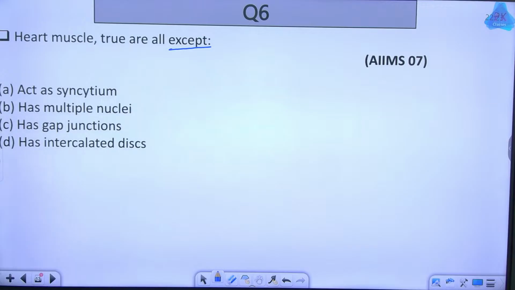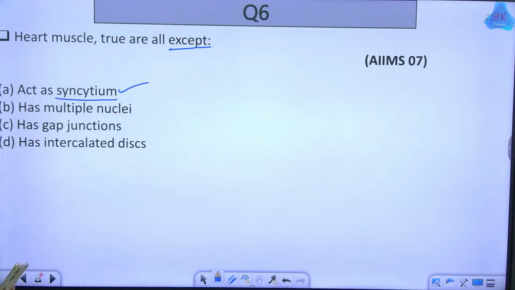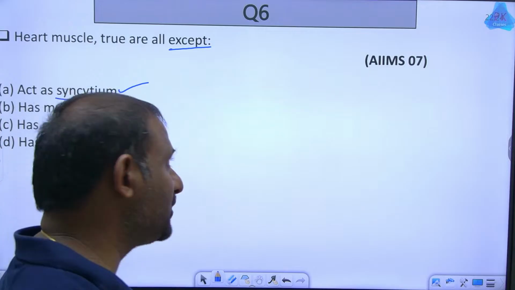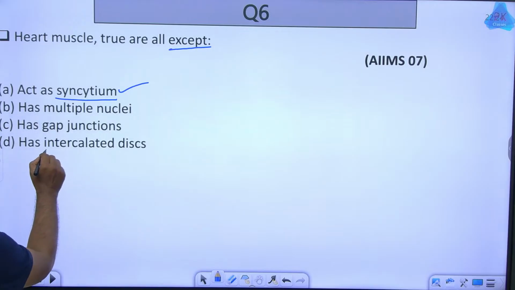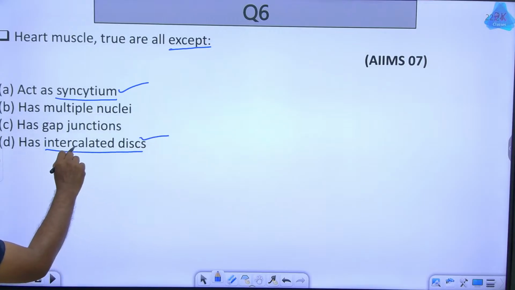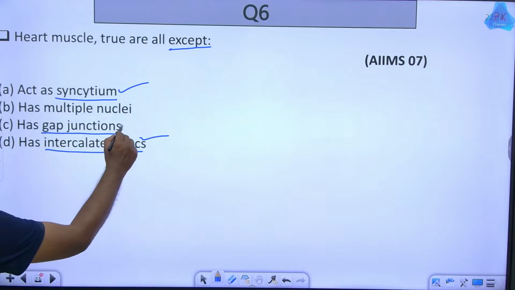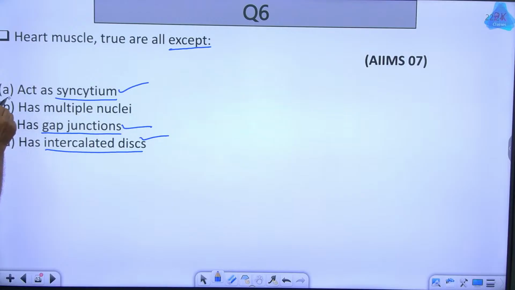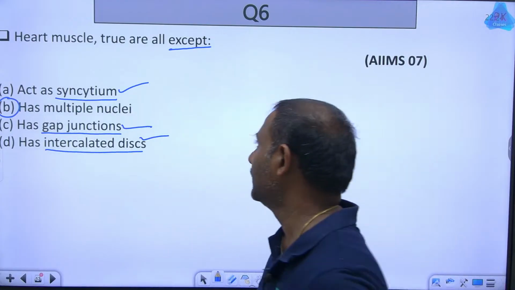देखते हैं. So heart muscle acts as a functional syncytium. Syn मतलब together. That is सही है. Heart muscle has intercalated discs. सही है. In the intercalated disc, it has the gap junctions. ये भी सही है. This heart muscle cell doesn't contain multiple nuclei, it contains only a single nucleus. ठीक है.